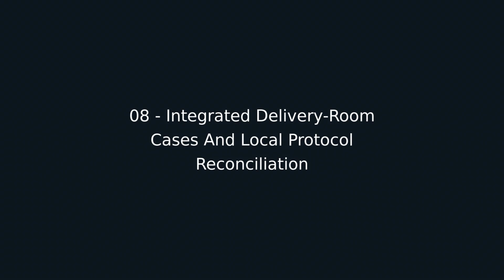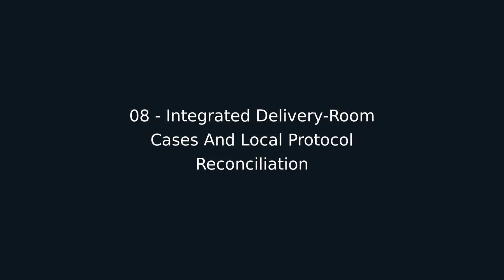Layer 4, fetal reserve. Category 1 permits routine management. Category 2 requires interpretation, correction, and reassessment. Moderate variability and accelerations are powerful reassurance against current significant acidemia. Category 3 that persists despite corrective measures requires delivery as expeditiously as feasible.